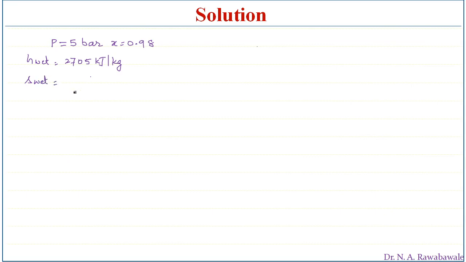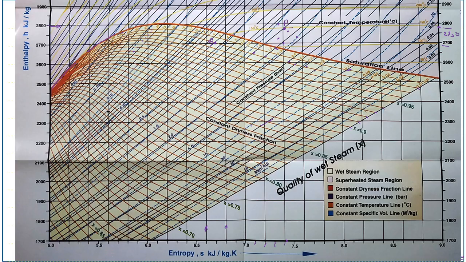Now entropy of wet steam, S wet, at this point. If we take entropy exactly at this point, it is between these 2 points, not at the center but just shifted towards left hand side. So if we see here this point 6.5, 6.6, 6.7, just it is before 6.7.